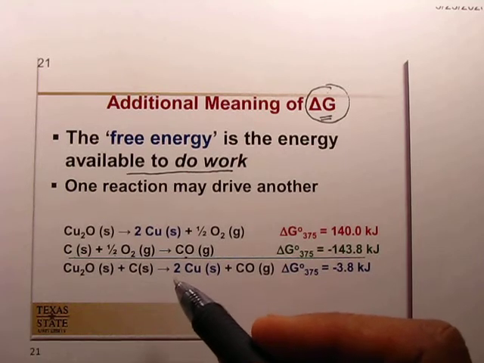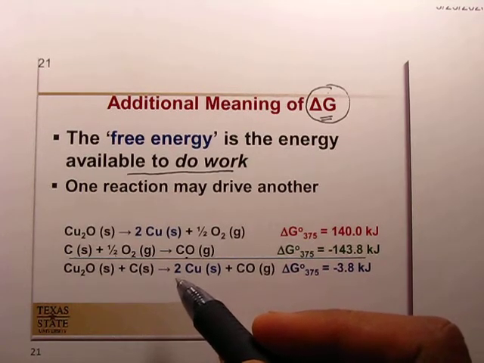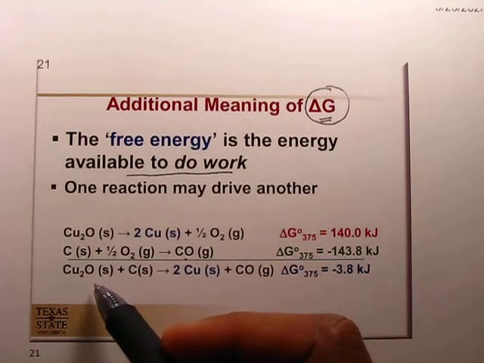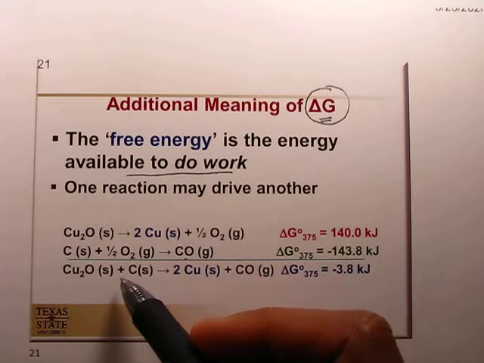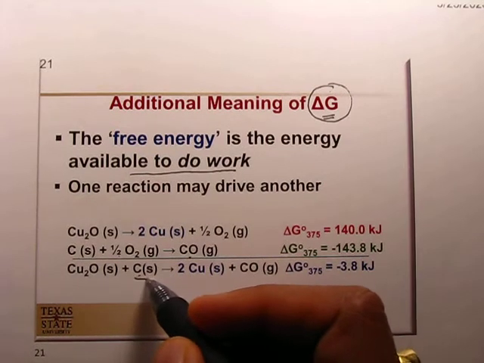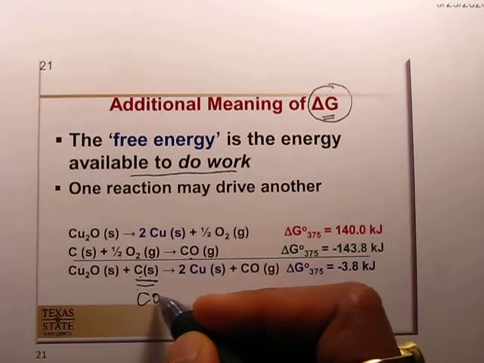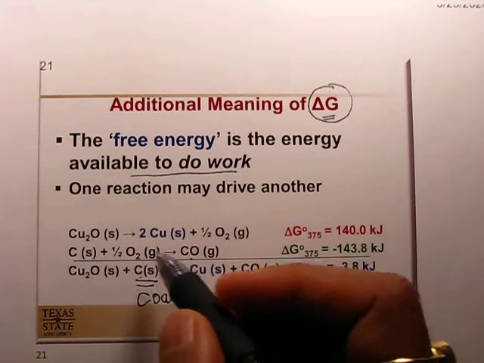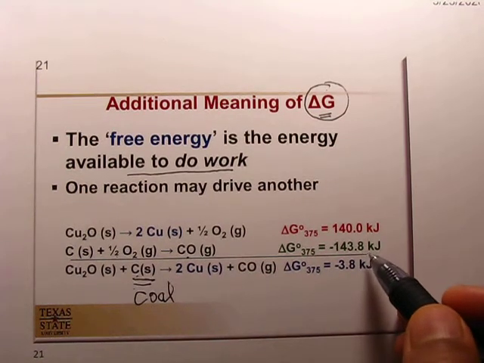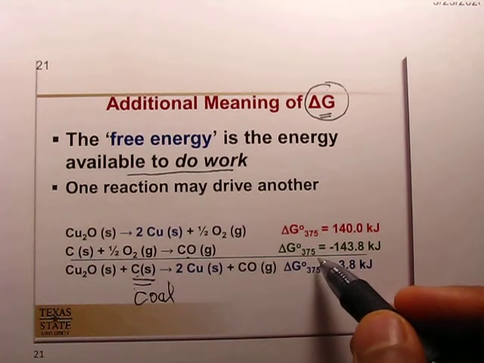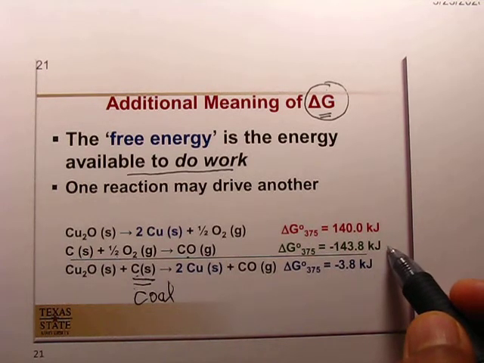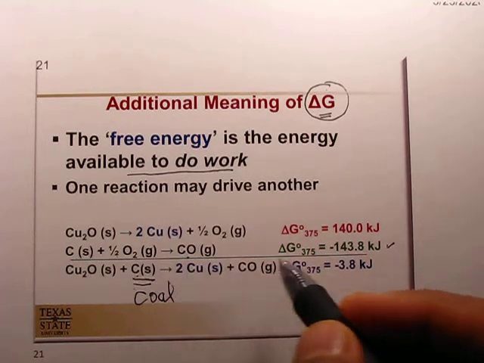When we get copper from the mine, it is in the oxide form, and when we burn it with charcoal or coal, carbon means coal, we generate carbon monoxide, and this much energy comes out, delta G at 375 degrees.